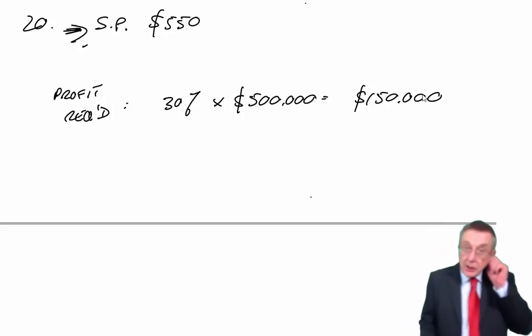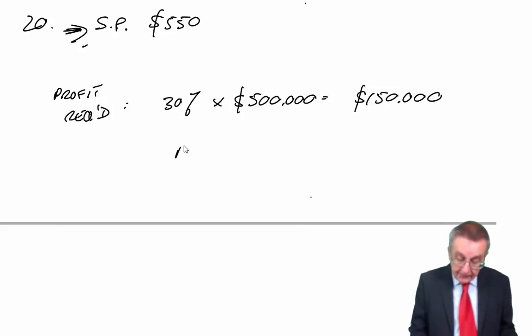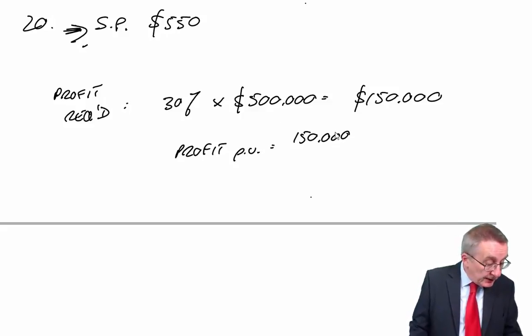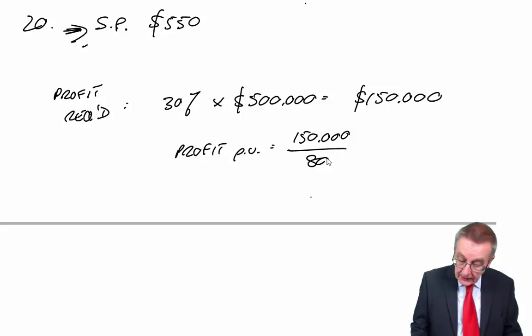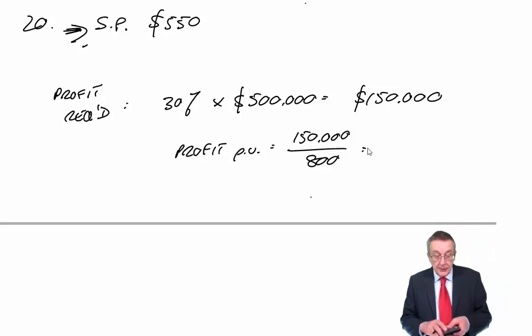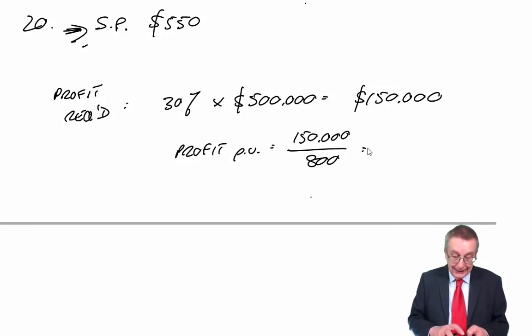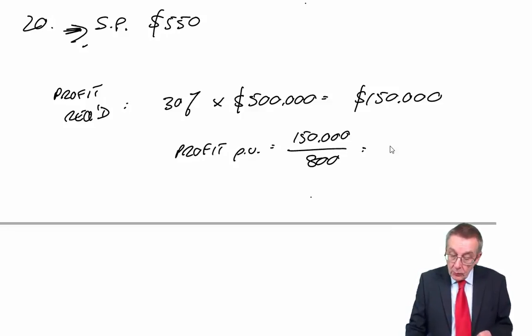Therefore, how much per unit profit do we need? 150,000 in total. We expect to sell 800 units. And so we need a profit of 187.50.